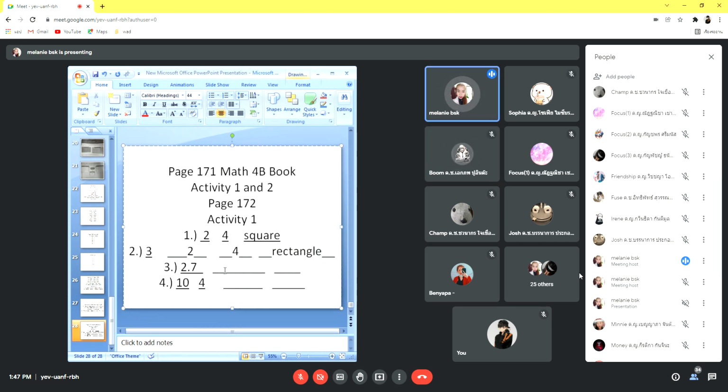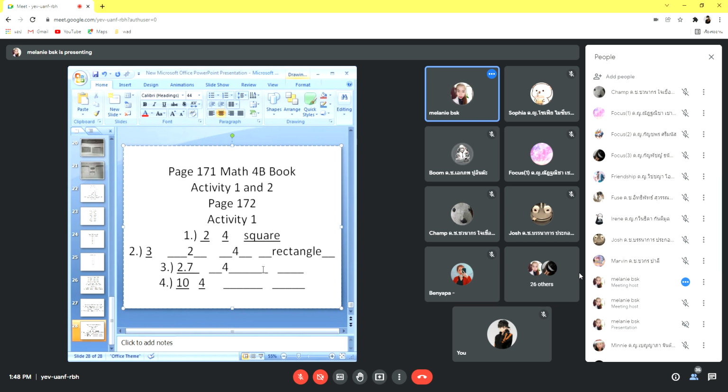Next one, number 3. Each side of figure 3 is 2.7 centimeters long. There are how many right angles? 4.